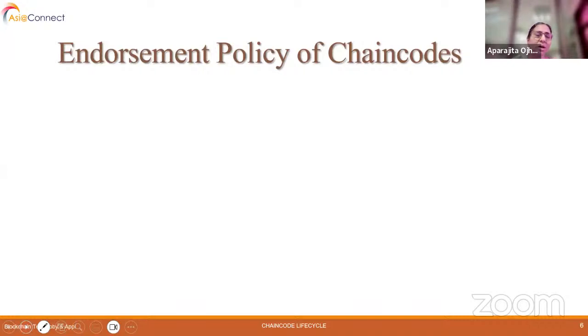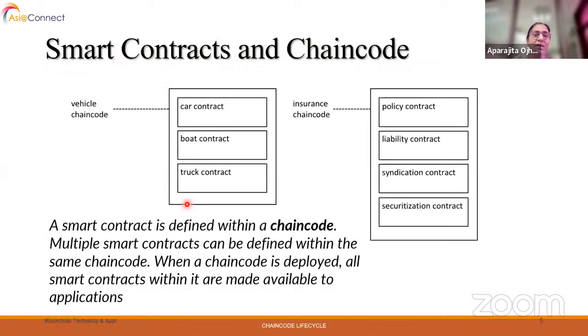Now, how do we define the endorsement policy? On the left-hand side, you have a car contract, for which the endorsement will depend on the type of business that we are running with the car object. Therefore, it may happen that several people are involved in endorsing some proposal. Whereas in insurance, if it is a policy contract, it will be an endorsement between two parties, right?